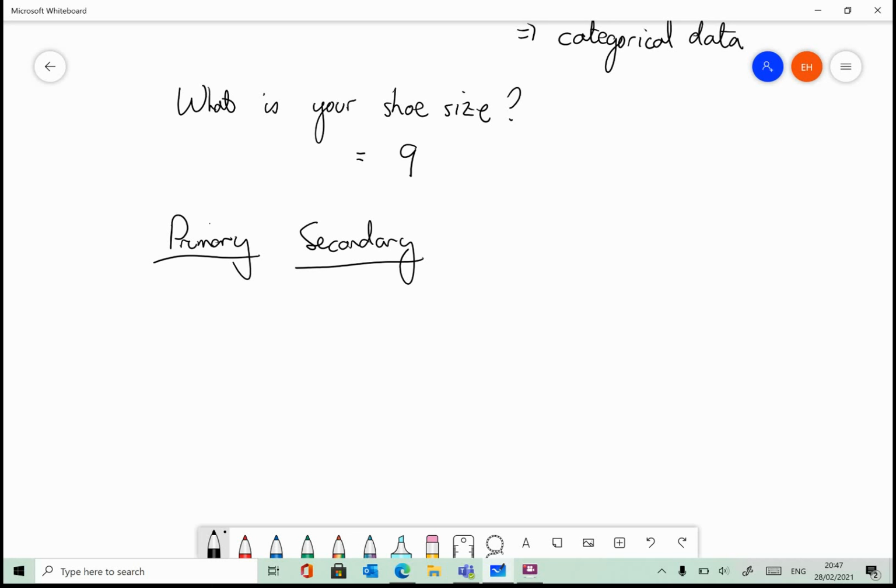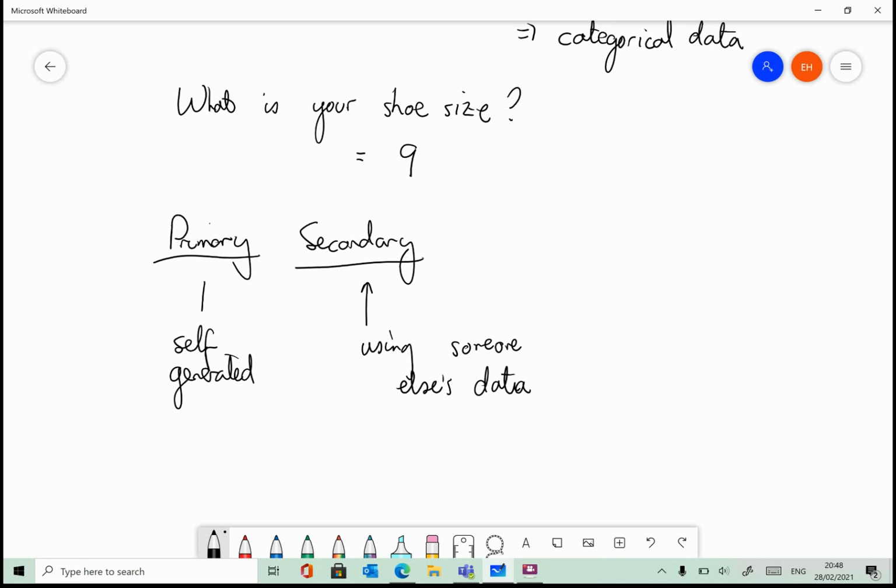Now, primary data is data that you make yourself. Okay, self-generated. Secondary data is using someone else's data.